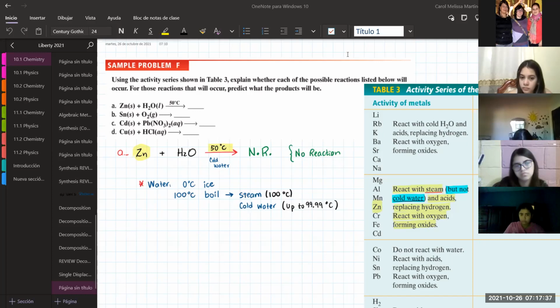Now, if the exercise indicates 100 Celsius, then yes, we would need to predict the product by doing this that says replacing hydrogen. Okay, so in this case, no reaction because it was just 50 degrees Celsius.